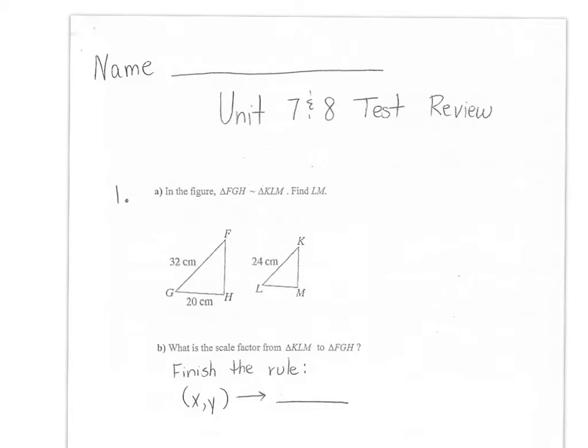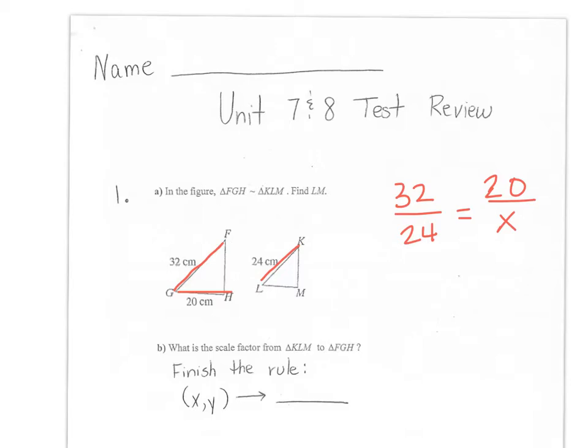Number 1 says, in the figure, triangle FGH is similar to triangle KLM, and to find LM. So I would set up a proportion here. I would say that this side 32 corresponds to 24, and then I need to come back to the FGH triangle, so I'm going to put 20 on top over x, and then all you have to do is cross multiply and divide.